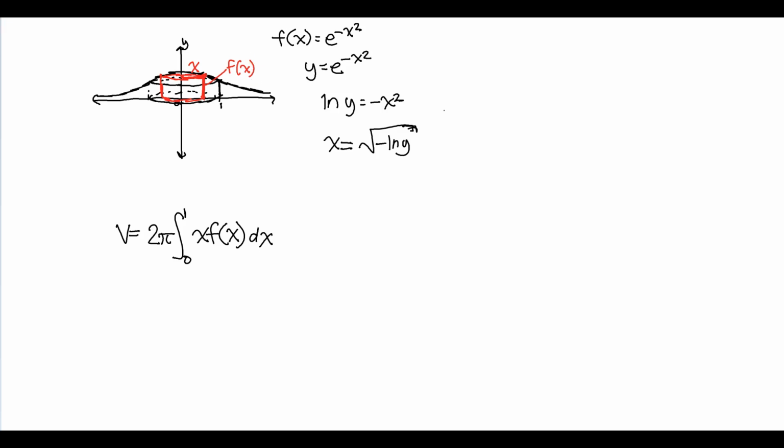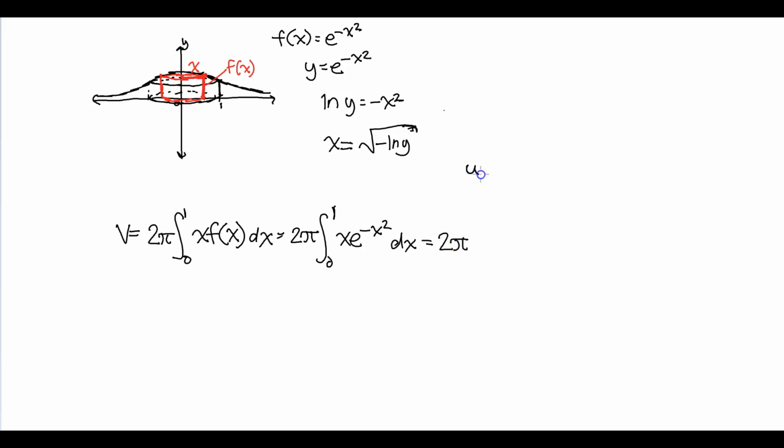So if we were to write it like this, you write it as 2 pi times a definite integral from 0 to 1 of x times e to the negative x squared dx. And this integral is kind of easy to evaluate because you can do a quick u substitution.